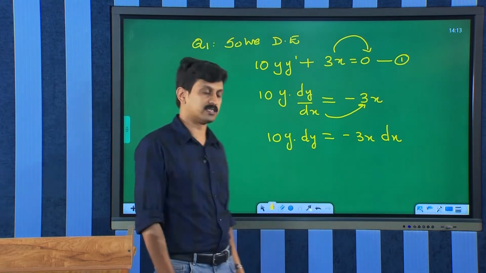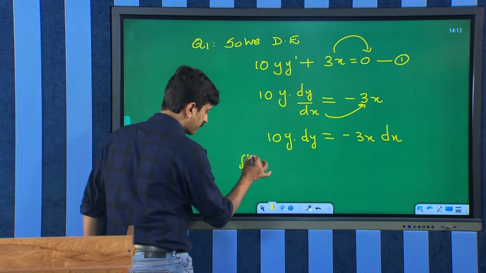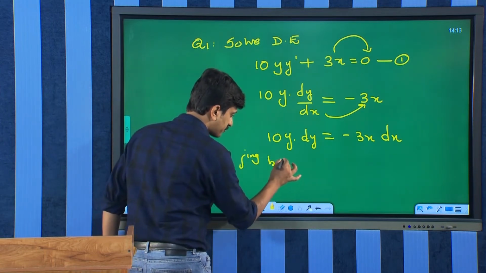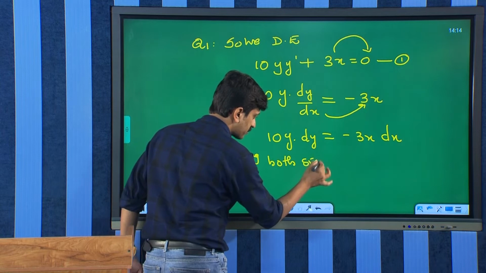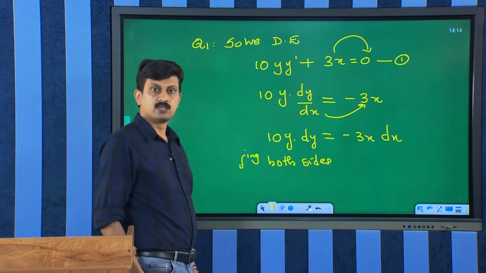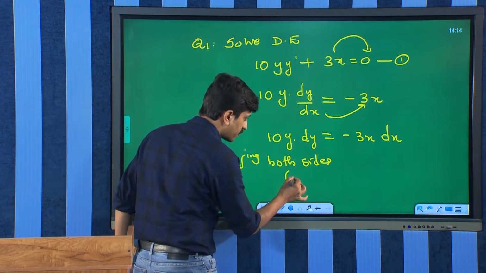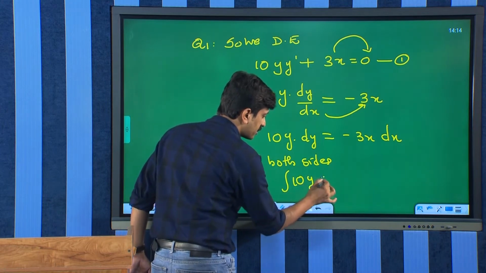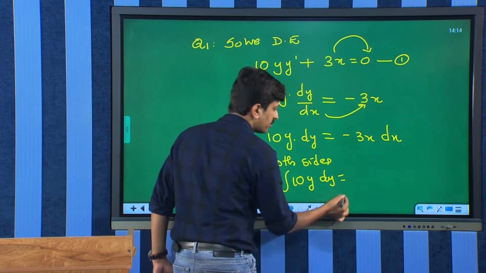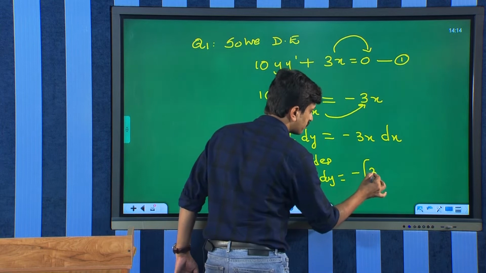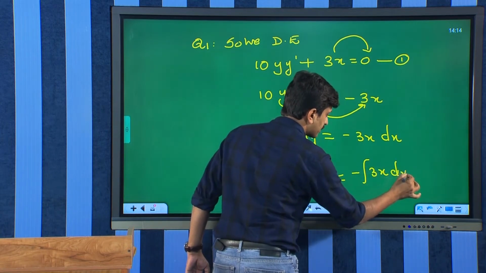So we can integrate both sides. Integrating both sides, we will have the integral of 10y dy is equal to minus the integral of 3x dx plus c.